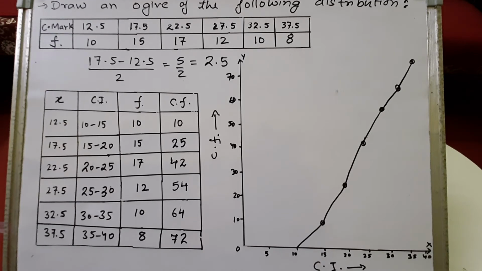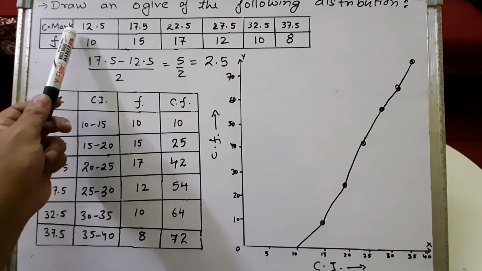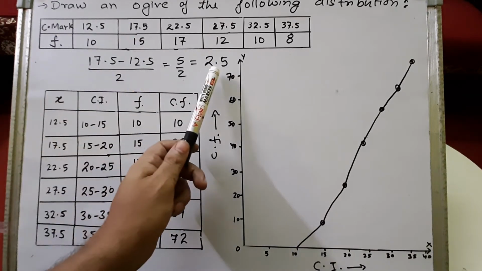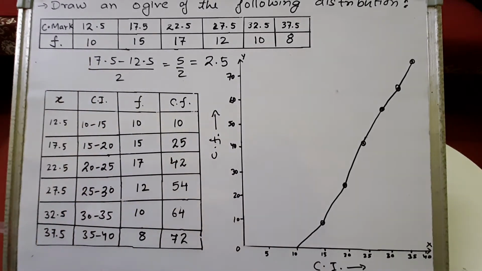Whatever we get, we subtract it from and add it to the class mark. When we subtract this 2.5 from the class mark, we get the lower limit of the first class. When we add this 2.5 to 12.5, we get the upper limit of the first class. Similarly, we calculate the class interval of every class.